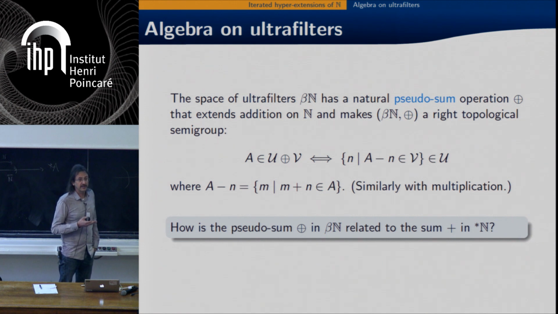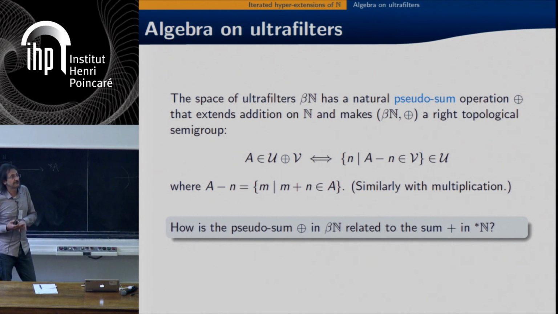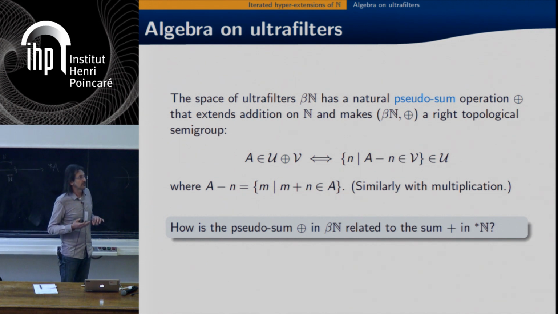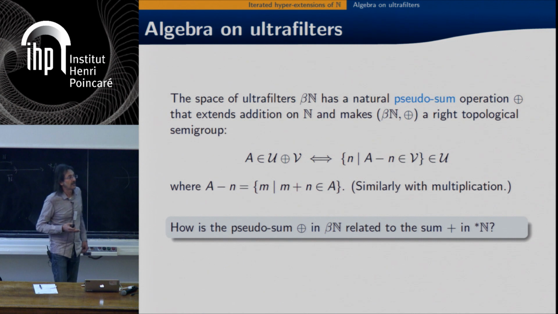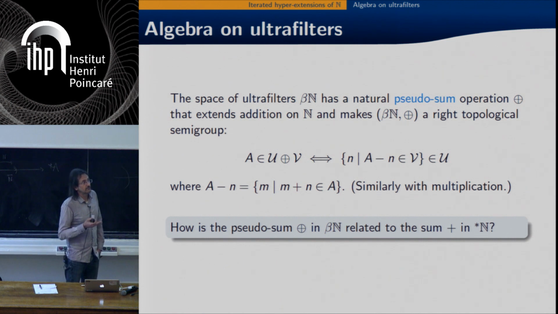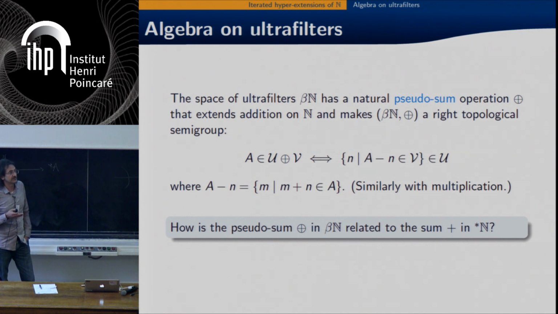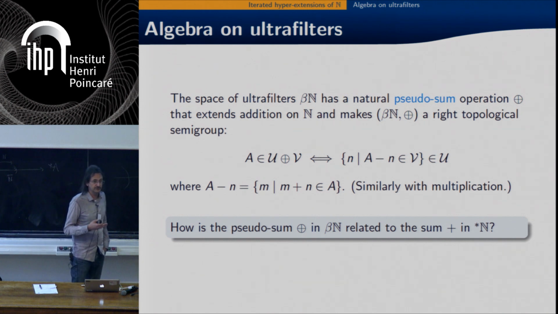It is defined like that, and we have that a set A belongs to U plus V if and only if the collection of shifts of A by n belongs to V, almost everywhere in the sense of U. So we take this shift, and we will show you briefly that this operation is really important because the idempotent elements with respect to this operation will produce several interesting combinatorial properties.